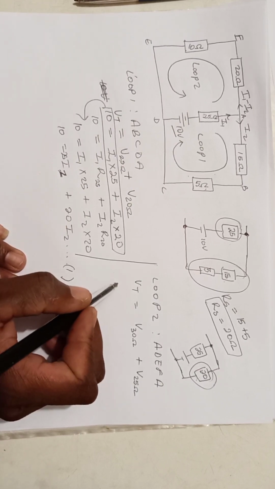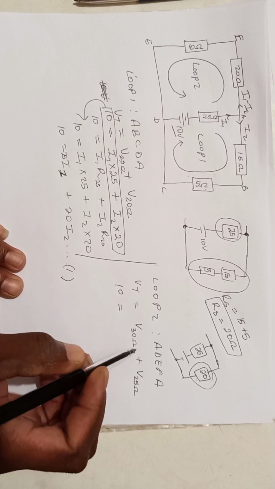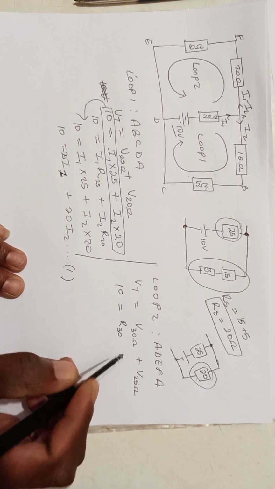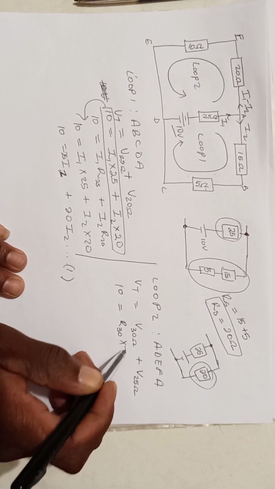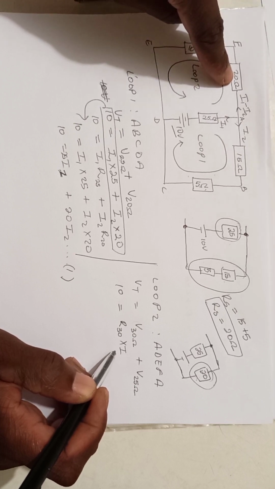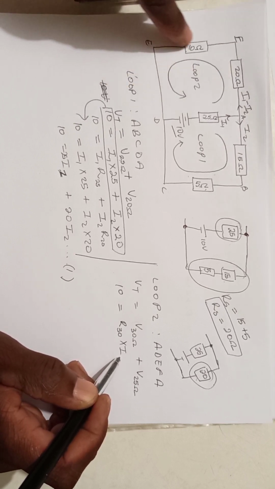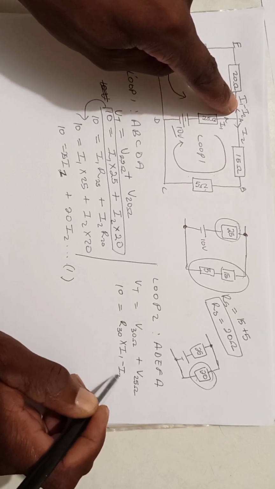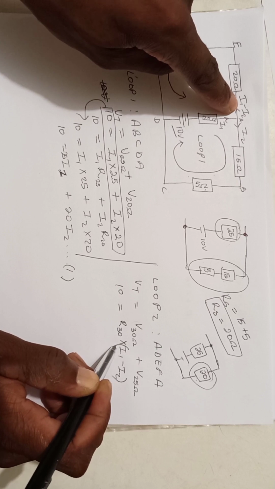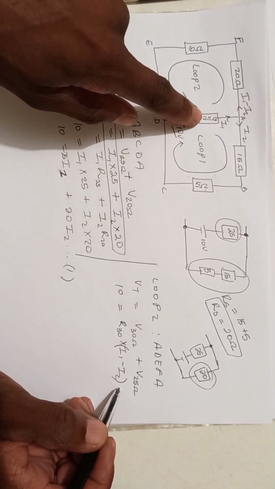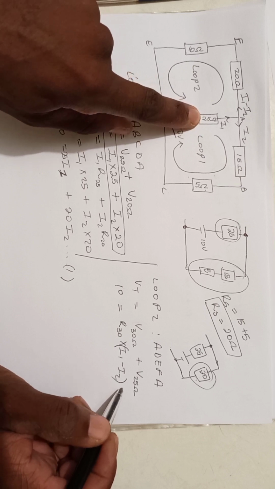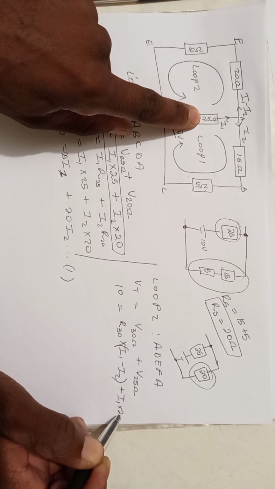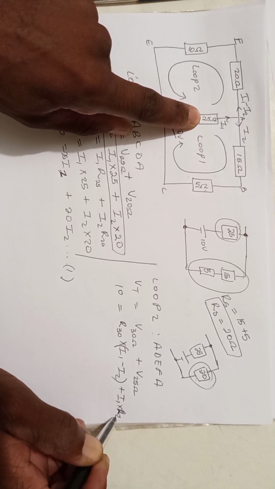So Vt, what is Vt? We know that is 10. Then across, it's going to be R30 times the current across R30. Now the current across R30 is I1 minus I2. And what is the current across R25? It's going to be I1 times R25.